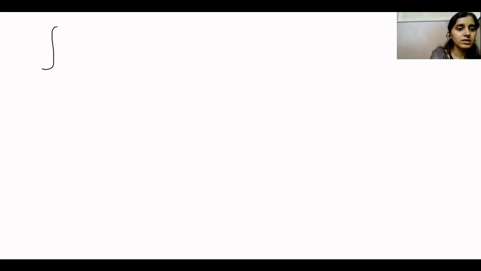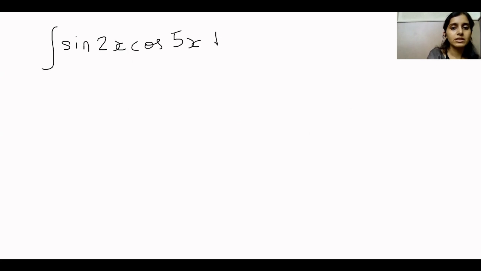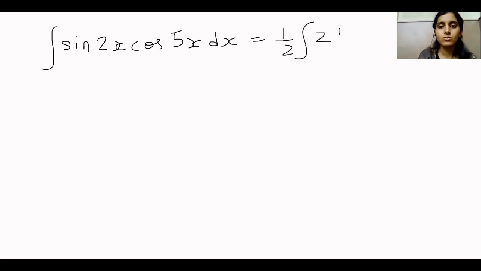So let us take integration of sine 2x cos 5x. Now sine 2x cos 5x dx can be written as multiplying and dividing by 2, the 2 sine 2x cos 5x. This is a formula for 2 sine a cos b.